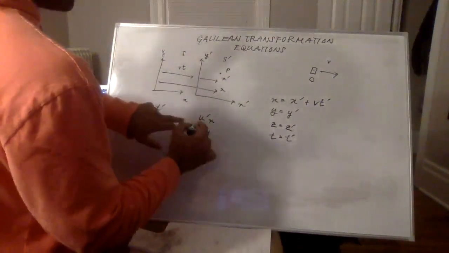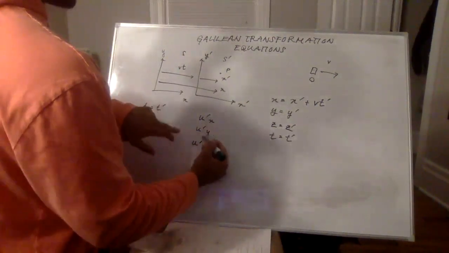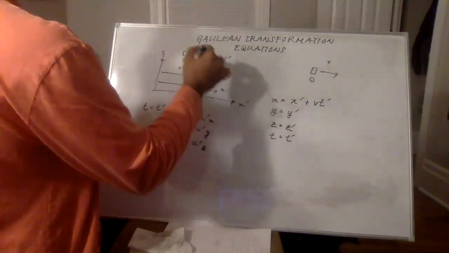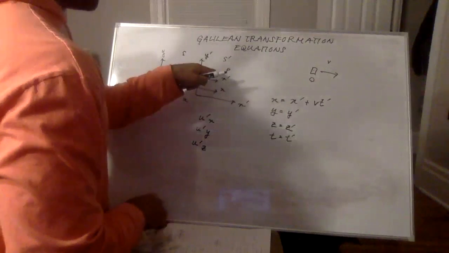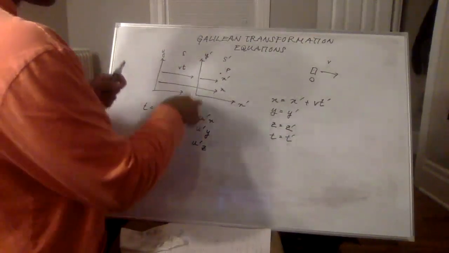And I'm saying that it's moving at u prime x, u prime y, u prime z in reference to the moving reference frame. So P is moving at this velocity in reference to the moving reference frame.